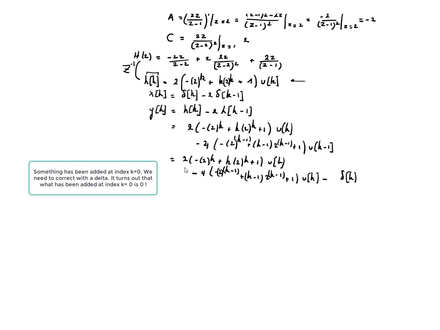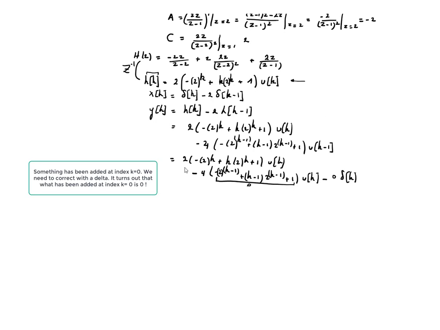Because I have added something at the index k, so I have to subtract it, and what I have to subtract is this here evaluated at 0. And if you have a look at it, you will have minus a half plus 1, it will be 0, so minus 0 delta, right?